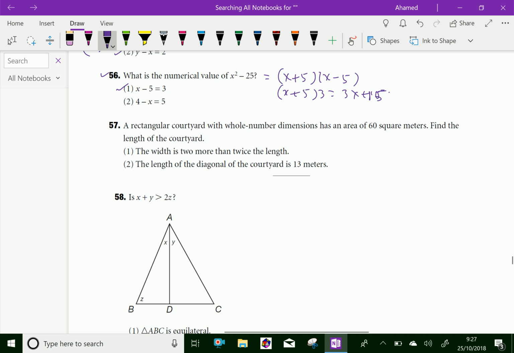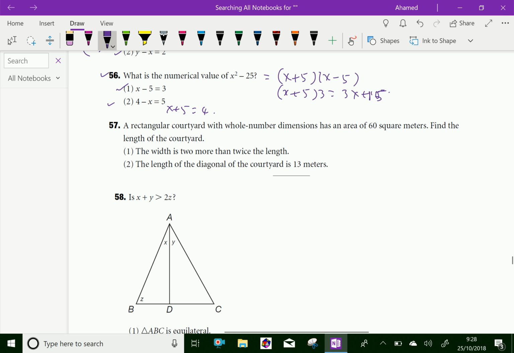Now statement 2: 4 minus x equal to 5. From that we can get x plus 5 equal to 4.